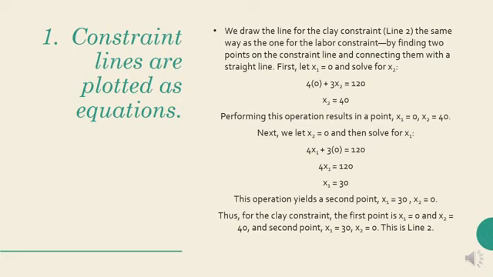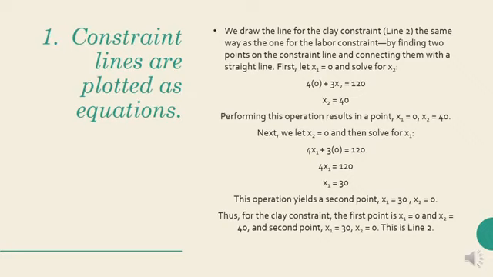Thus, for the clay constraint, line 2, the first point is x1 is equal to 0 and x2 is equal to 40. And the second point is x1 is equal to 30, x2 is equal to 0. This is line 2.